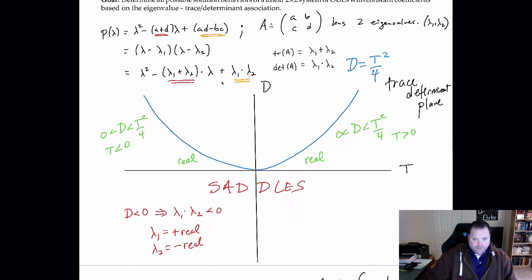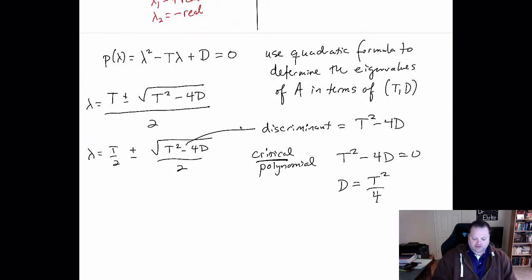If you have a negative trace, what do the eigenvalues look like? We're down here, and we know we have real eigenvalues. We have 2 of them because it's real here.